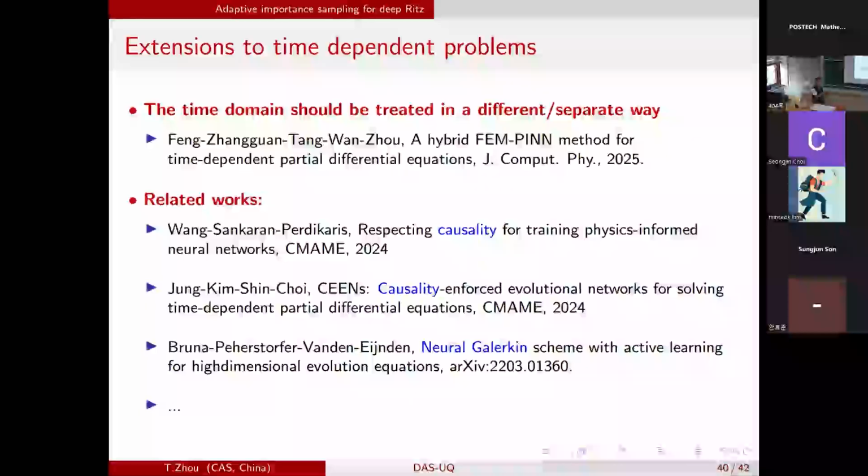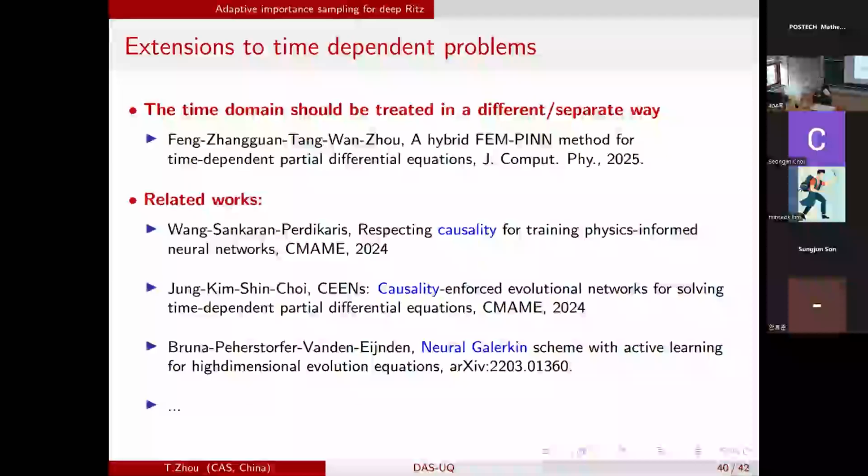You can't view the time domain and the physical domain together. They are different. The physical domain is just a physical domain, while the time domain defines the dynamics. You can't neglect the dynamics of the solution. So care should be taken when you design methods for time-dependent problems.